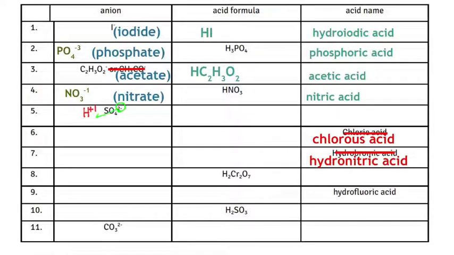And here, this -2 charge is going to have to cross over onto the H. H's +1 is always going to be what's crossing over onto that ion, and we never write ones, so the only number our acid will ever have in it is going to be a number on the H that's going to represent what the charge of that ion was. So this is going to become H2SO4, that 2 from the sulfate crossing over onto the H, and it's done.